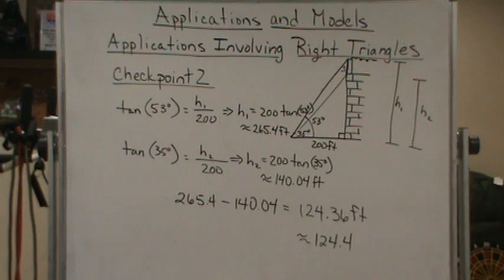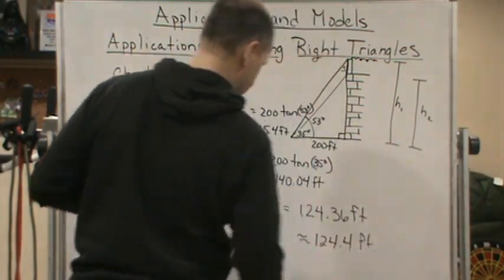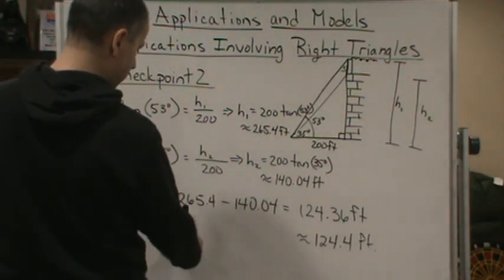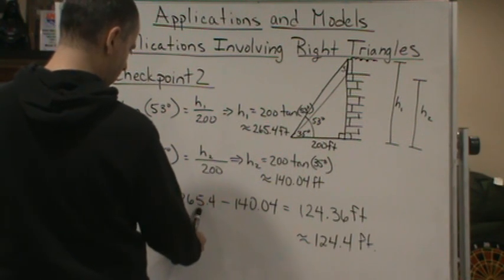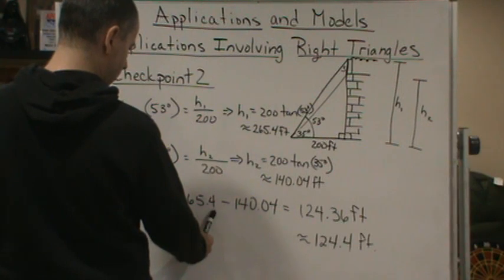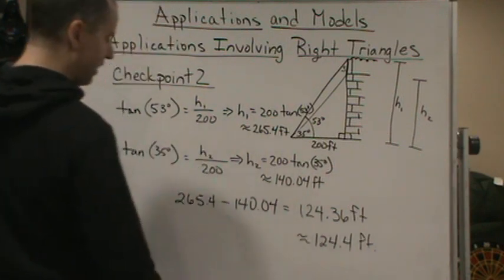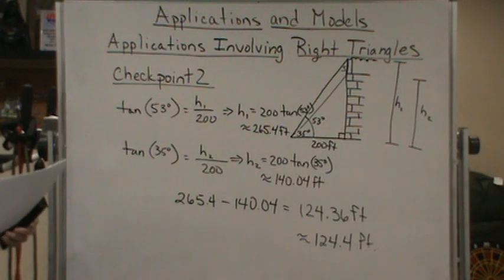Okay, so I get 124.4 feet. Make sure you check my math. I think I did that right. So 265 minus 140, so that's 125.36. Yep. And then we round to the nearest 1/10 of a foot. And so that is the approximate height of the smokestack.